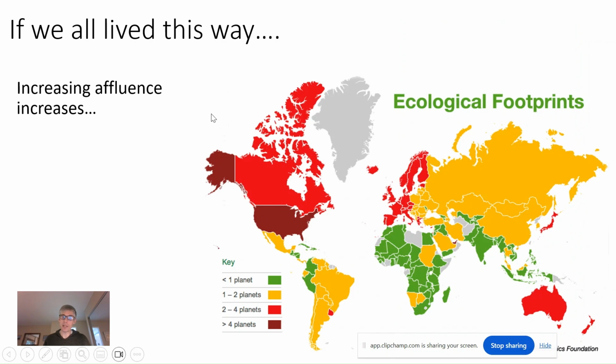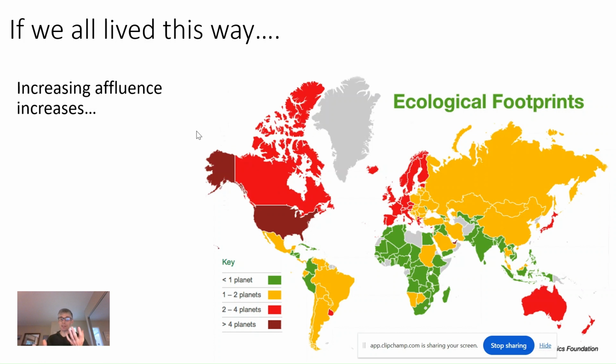If everyone lived like a Homer Simpson style lifestyle, which maybe is a sort of goal for many, then we'd actually greatly exceed our global carrying capacity. And so goes the logic. Because if you look at the US and other developed countries, we are greatly exceeding what we call our ecological footprint. And that is basically the capacity of the environment to produce enough resources and assimilate our waste to meet our needs.